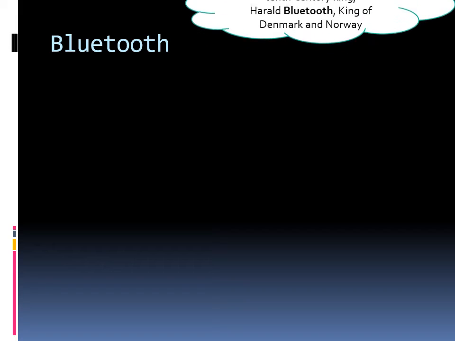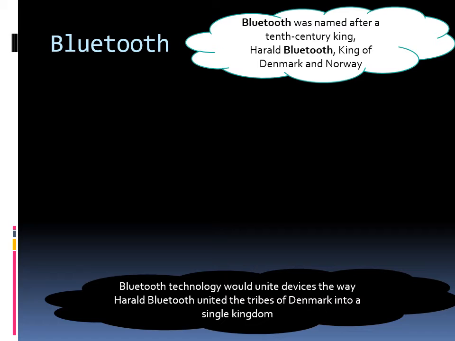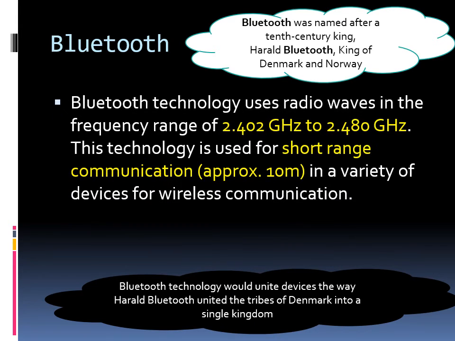Next, Bluetooth. Bluetooth technology is named after the 10th century King Harald Bluetooth, the king of Denmark and Norway. Bluetooth technology unites devices, just as King Harald united the tribes of Denmark into a single kingdom.